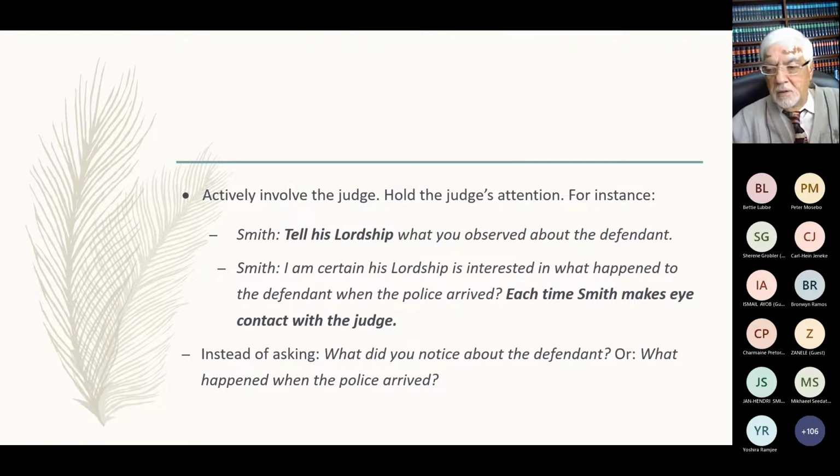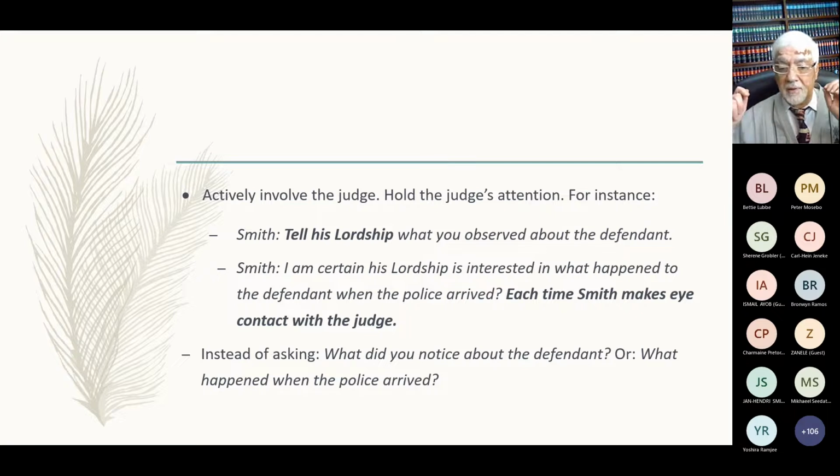Smith, now the lawyer, instead of asking, what did you observe about the defendant? Now, you know, this is an important fact coming out. So instead you will say, Mr. Smith, tell his lordship what you observed about the defendant. Or you can say, I'm certain that his lordship is interested in what happened to the defendant when the police arrived.